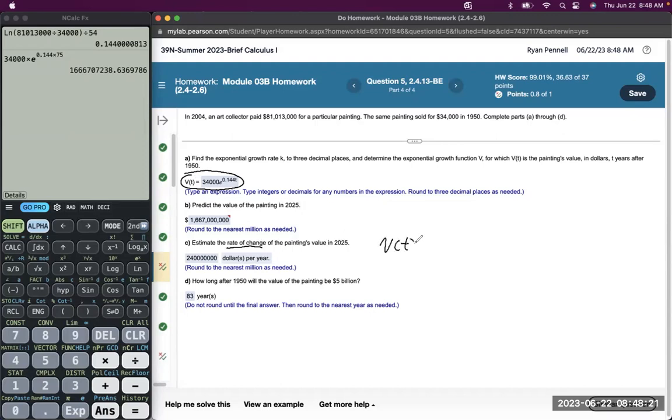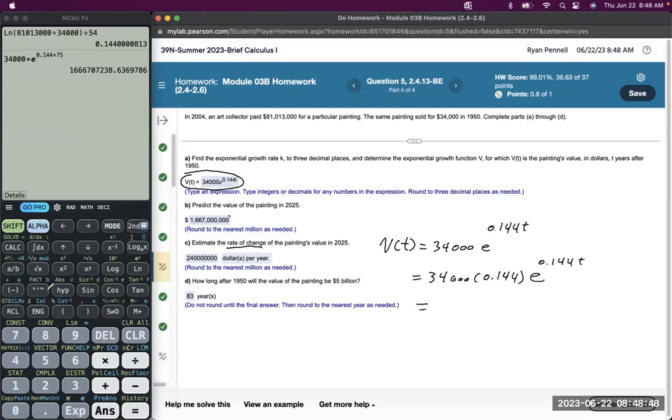So we have V of t equals 34,000 e to the 0.144 t. And we want to take the derivative. Well, this is e to a number. What did we learn in class? That number just comes down. And it is still up here. It just came down because of chain rule.